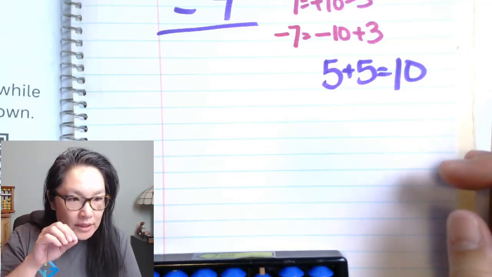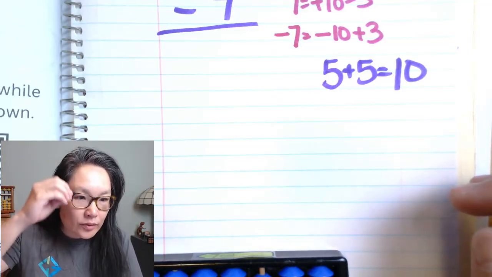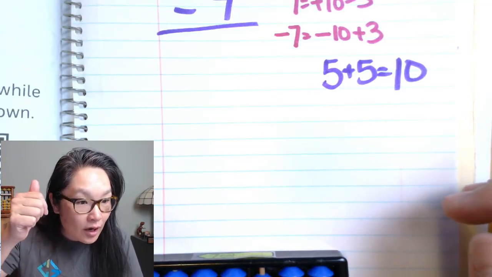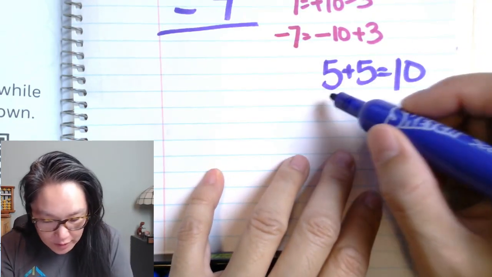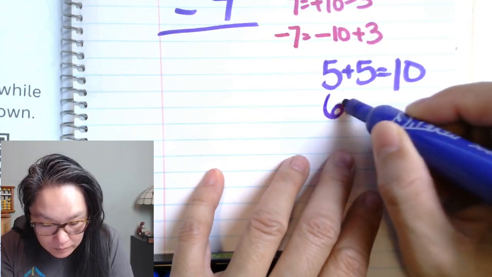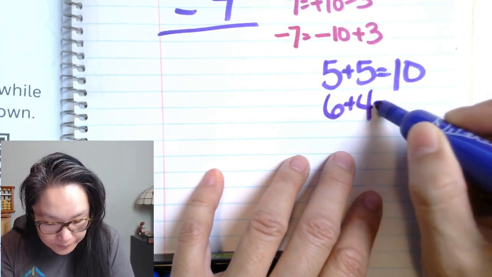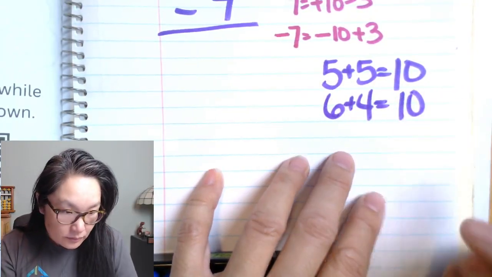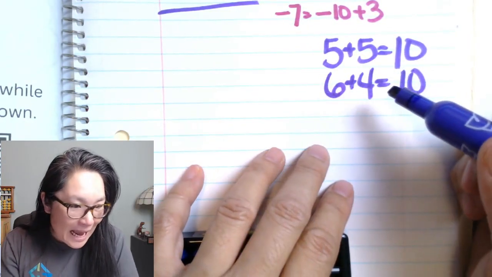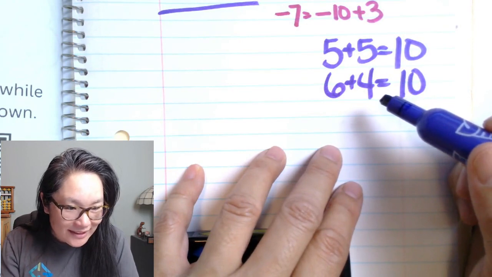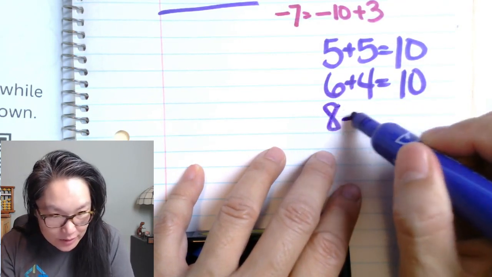So it all depends on going through and understanding. Thank you for the heart. Thank you for the finger heart. Okay, 6 plus 4. What else do we have? No, that makes a 9. 8 plus 2, yes.